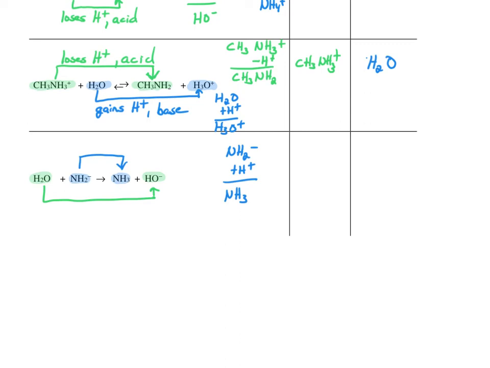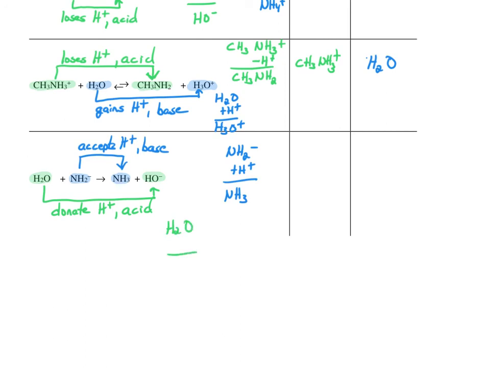And we see that NH2-, since it accepts an H+ ion, is the base. We would expect that water is going to donate an H+, and therefore be the acid. Let's see how this is accomplished.